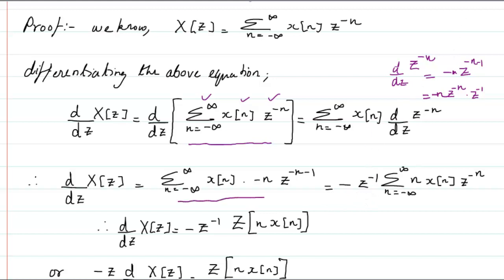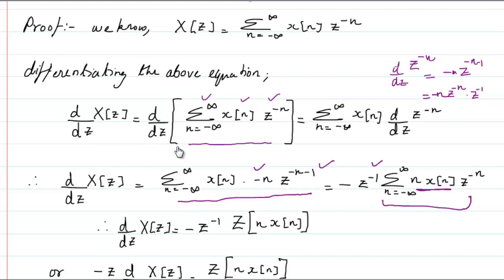So that z inverse, z raised to power minus 1, I will take outside, even this negative sign I will take outside, and whatever remains is what? Whatever remains here is basically the z transform of n x of n, correct?